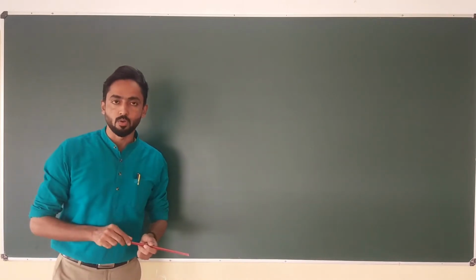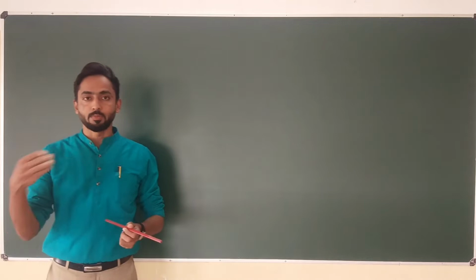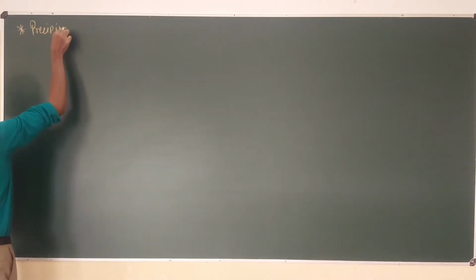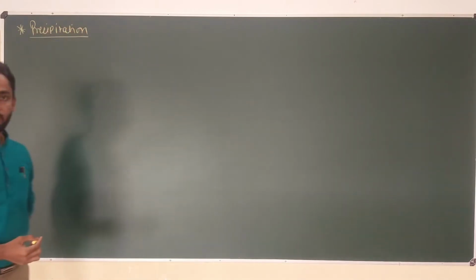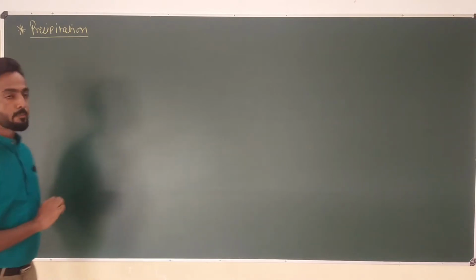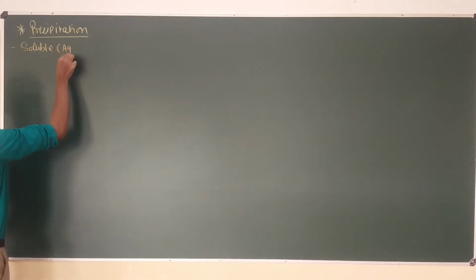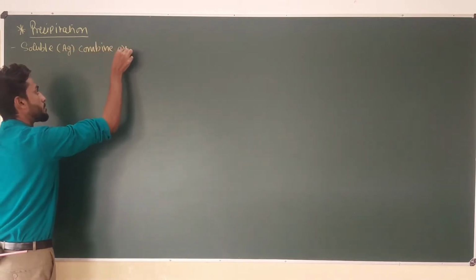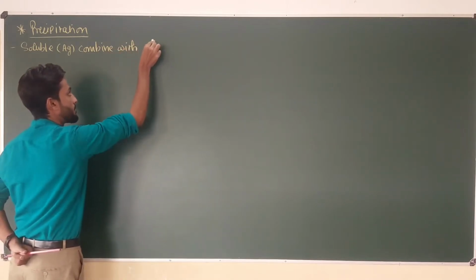So now in this video, I'm going to talk about different types of tests which are based upon the precipitation mechanism. Precipitation is a type of immune reaction because it contains antigen and antibody, and in the case of precipitation, soluble non-particulate antigen combines with its antibody.